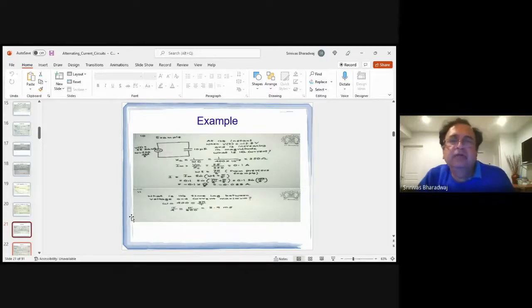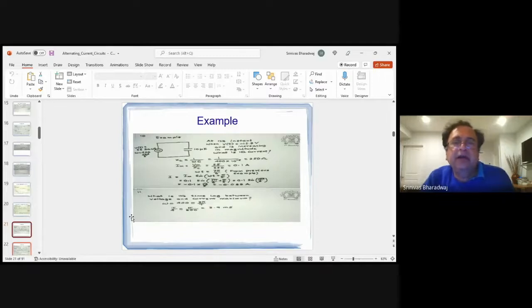It is 1 by 400 times... omega is 400, right? And the capacitance c is 10 to the power of minus 5. So it's 10 microfarads, right? 10 times 10 to the power of minus 6, therefore 10 to the power of minus 5. So 1 by 400 times 10 to the power of minus 5, so 2.5 ohms. That is the reactance.